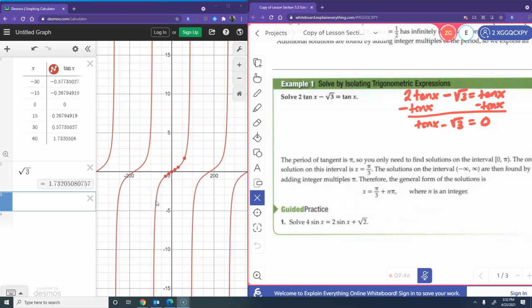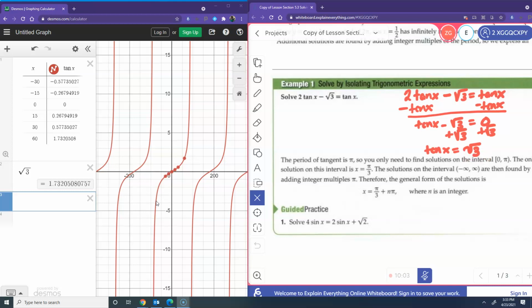Then add the square root of 3 to both sides, and you get tangent of x equals the square root of 3.